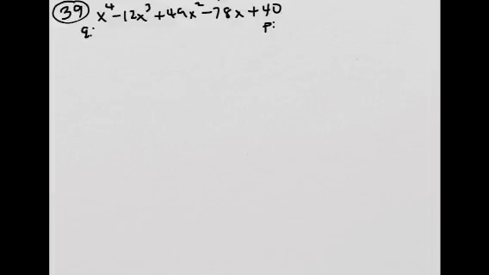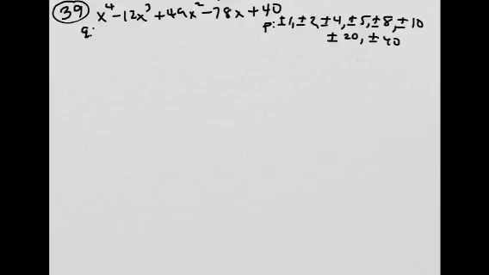Alright, so 39, they don't give you any zeros to start with. You have to figure them all out by yourself. So I'm going to use p's and q's. So the factors of the p values are factors of 40. So that's plus minus 1, plus minus 2, plus minus 4, plus minus 5, plus minus 8, plus minus 10, plus minus 20, and plus minus 40.